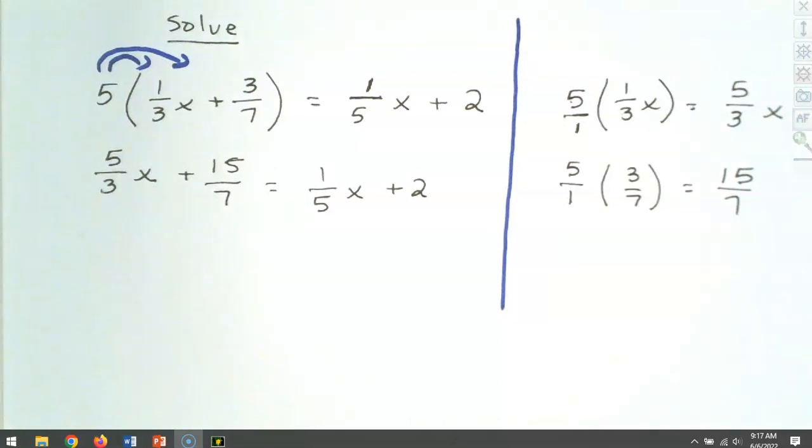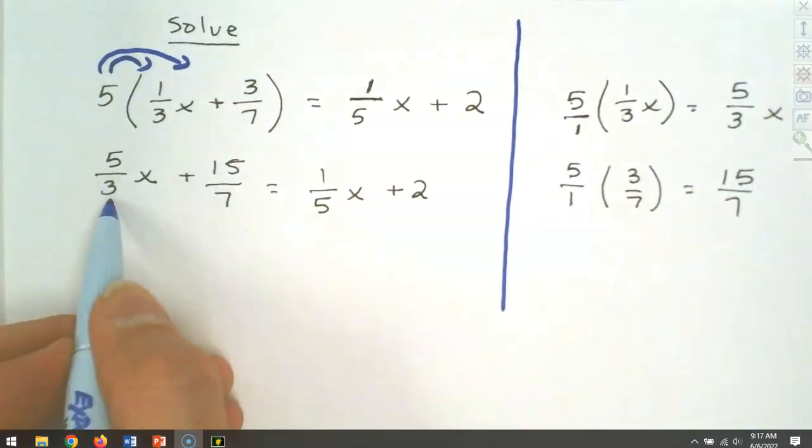So what do we have for denominators? Well, if we look at our denominators, we have a 3, we have a 7, and we have a 15. What I like to do is I like to work with these 3 denominators in pairs. So let's just take the first 2.